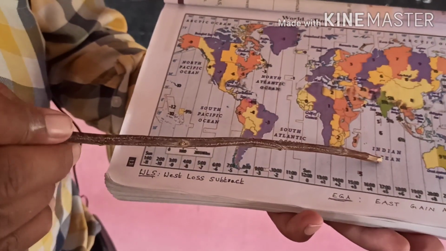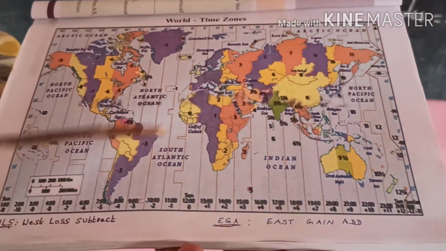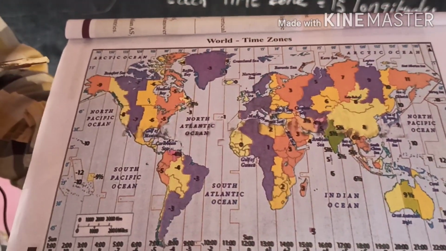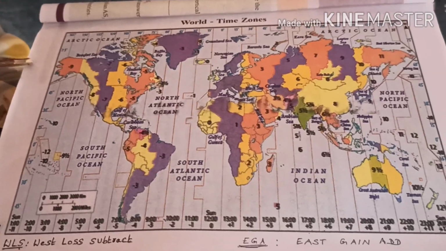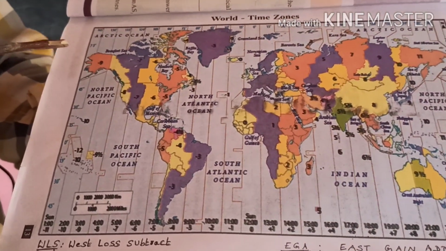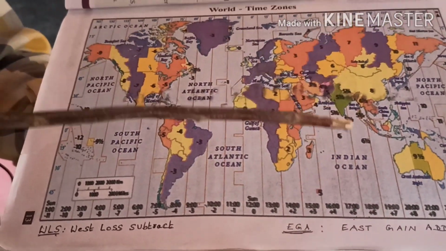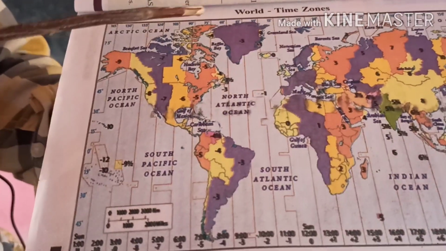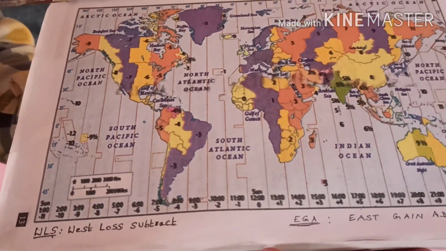So, if a country has more than 1 time zone, then the places get different timings. So, it leads to confusion. So, what will the country do? The country follows the time from the longitude that passes through the center of the country.